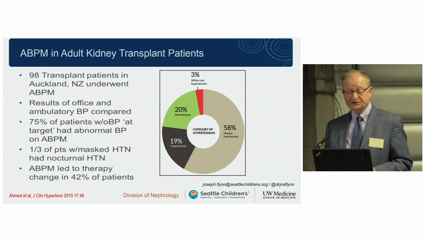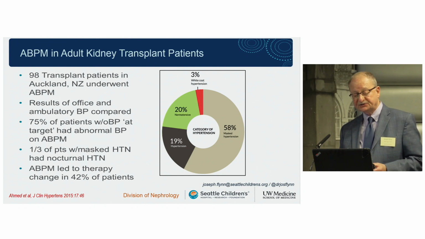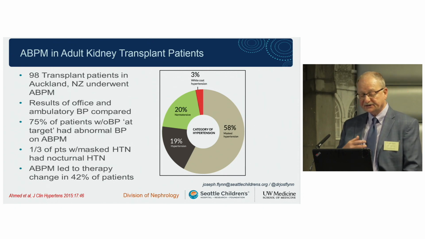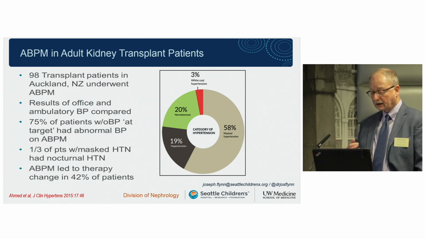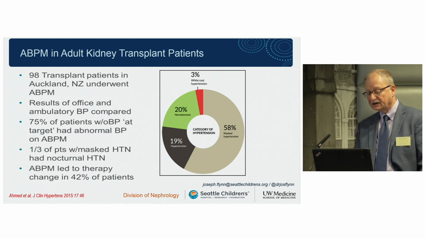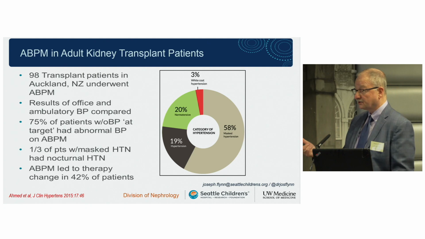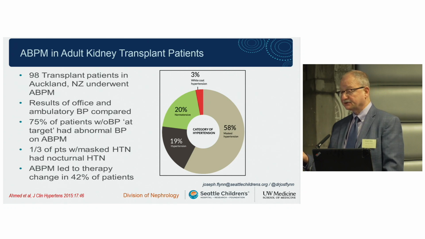Now, it's done in adults as well, and this was a very interesting study done in New Zealand where they said, well, let's look at ambulatory monitoring in our transplant patients and see what it tells us. They found that among patients whose office blood pressure was at target, 75% of them had abnormal ambulatory blood pressure monitoring, and that 1/3 of them had masked hypertension.